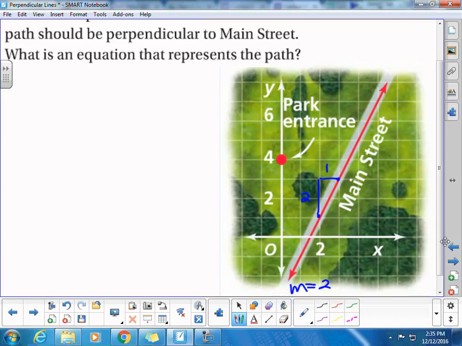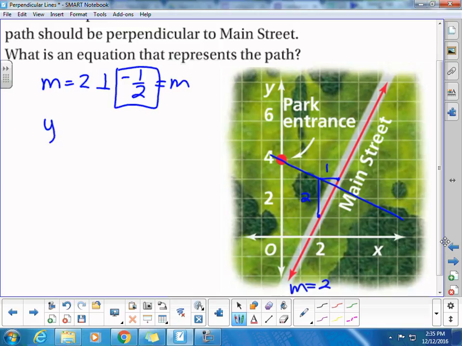If I want it to go perpendicular to Main Street, I need to have a slope not of 2. If m is 2 and I want perpendicular to that, I have to flip it over and switch it. So I need m to be -1/2.